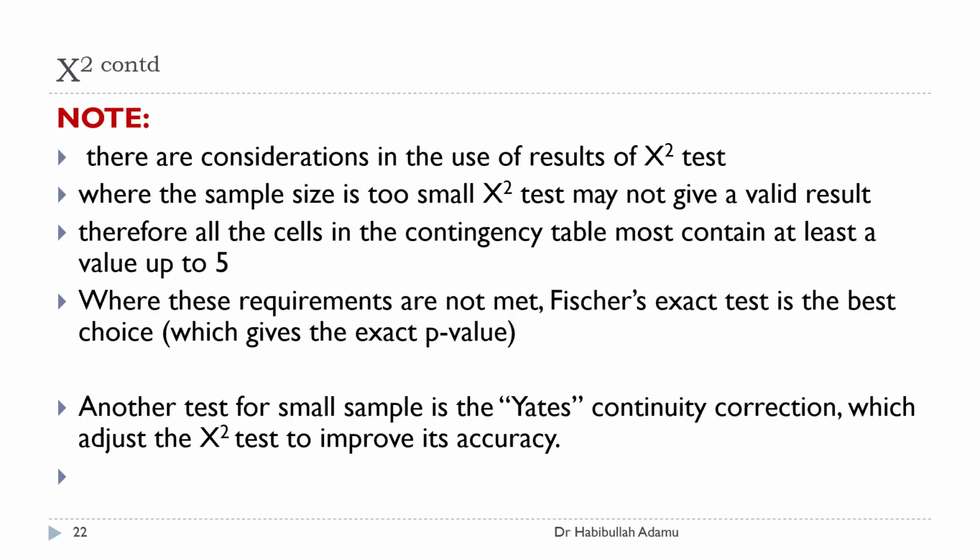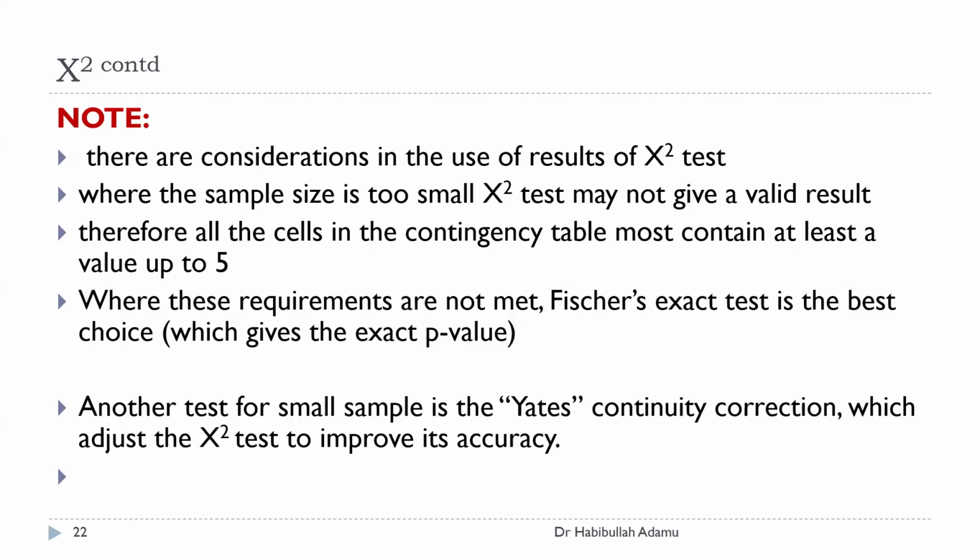If the frequency is not up to 5, you check among the cells in the cross tabulation table, because if you use a computer, whether it's SPSS or whichever one, it is going to give you a cross tabulation table. You will see the frequency distribution in the cells. All you need to do is look at each cell.